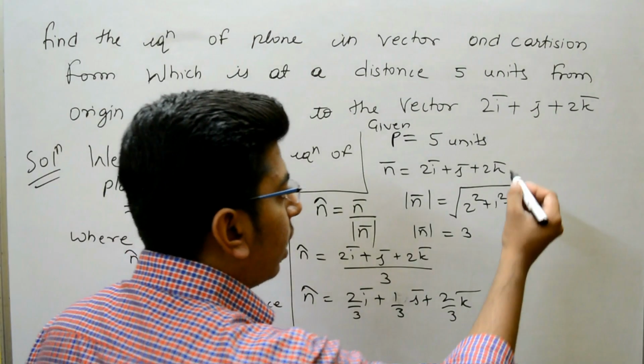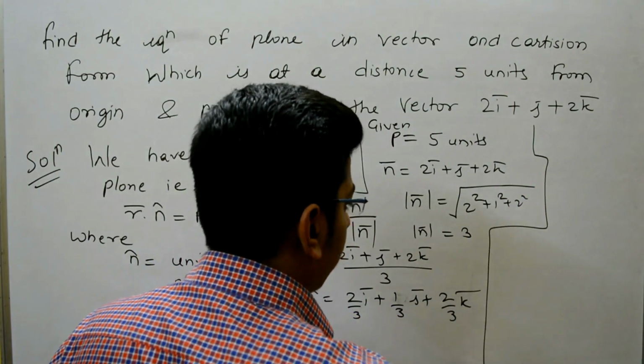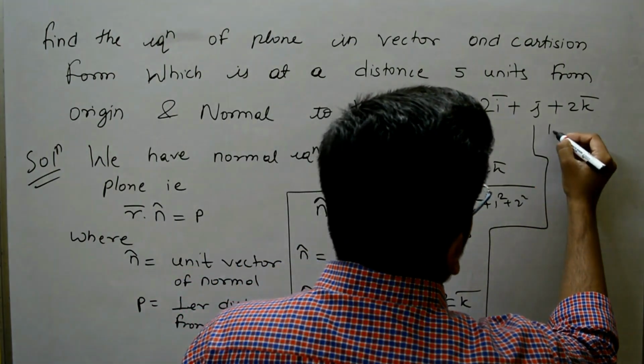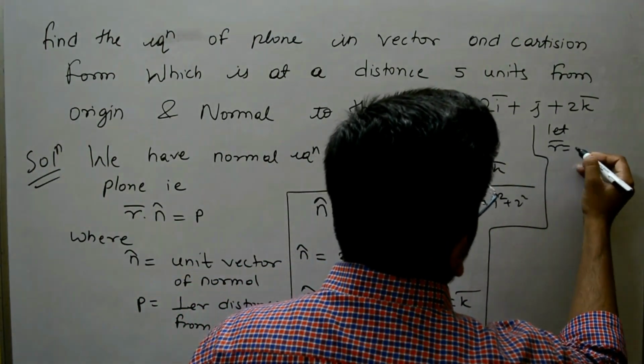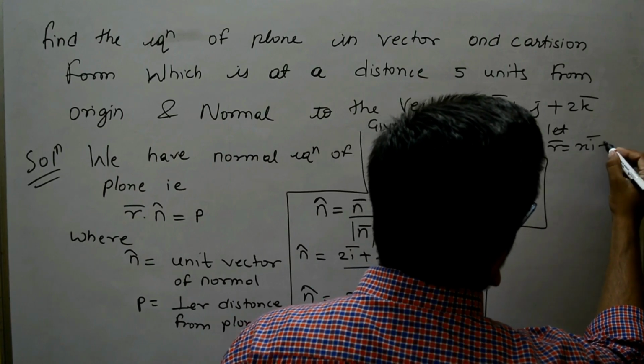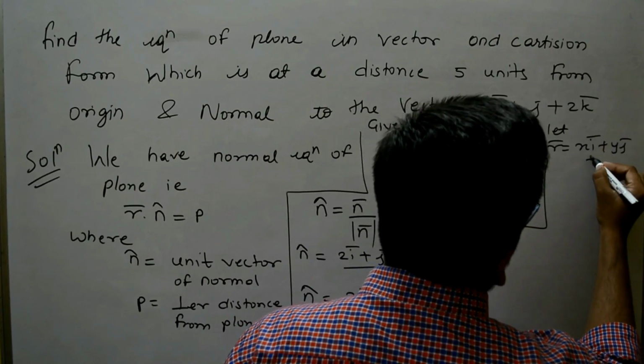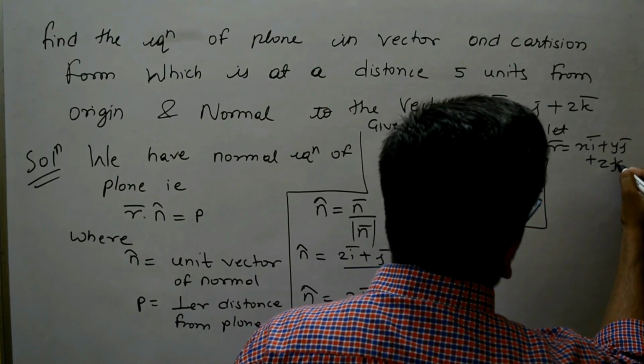Now the next step is, let r bar be equal to xi bar plus yj bar plus zk bar.